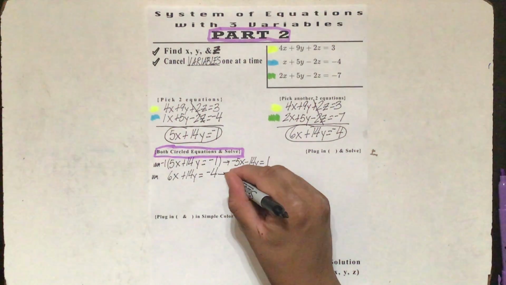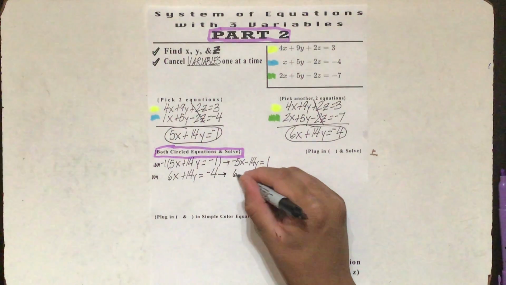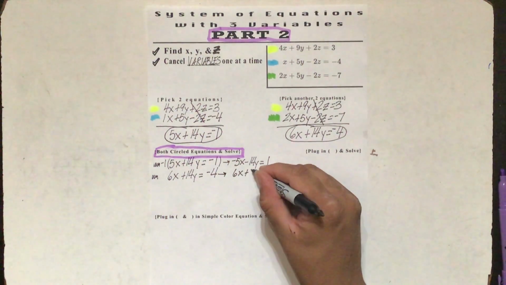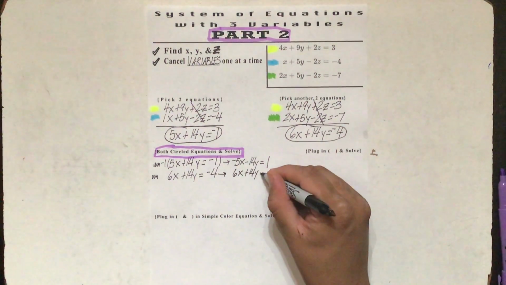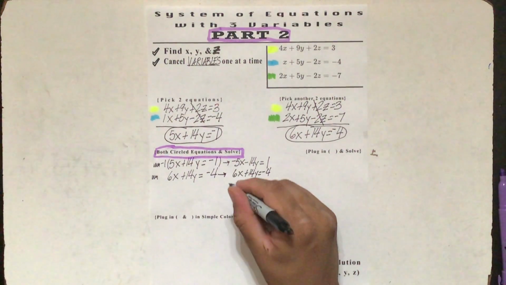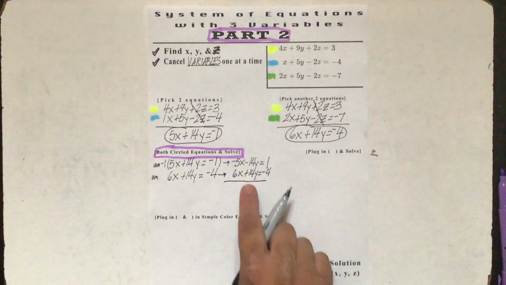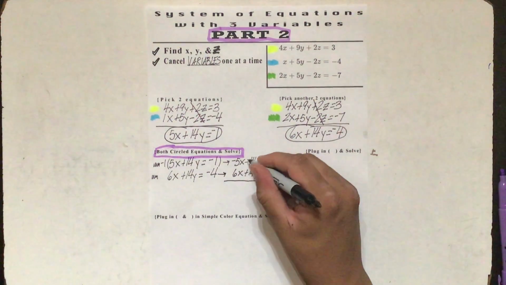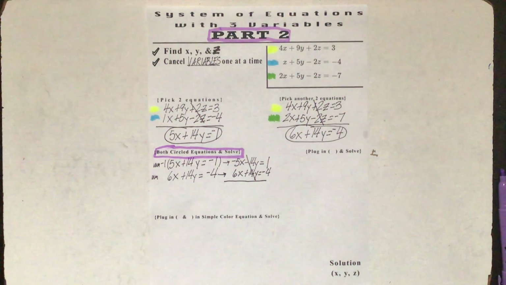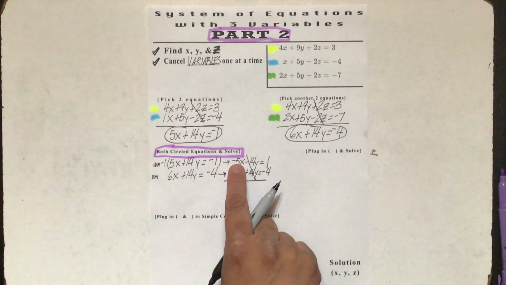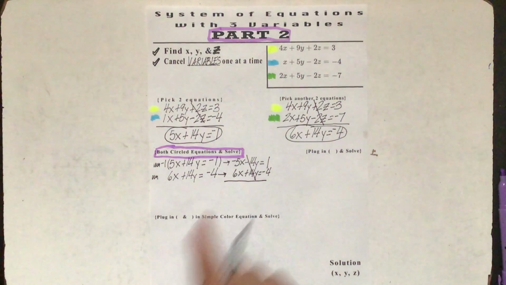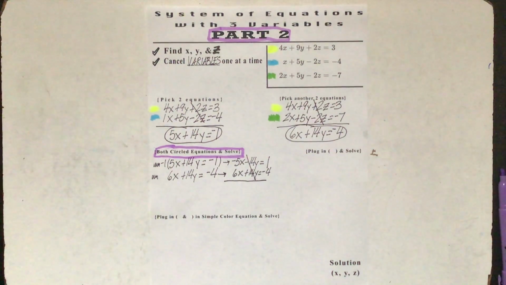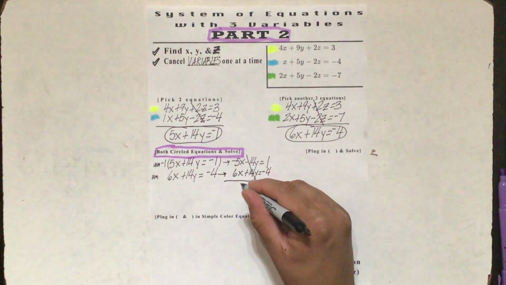This second equation here stays the same. I'm just going to bring it over just like that. Is equal to negative 4. Now I can cancel. Look at that. Negative 14y and positive 14y, look what they do. They canceled out. Perfect. A negative 5x and a positive 6x are not the same sign, so I have to subtract. 6 minus 5 is 1x.